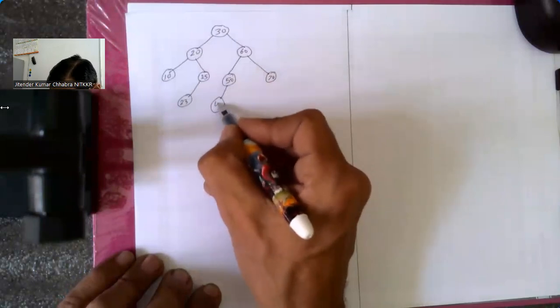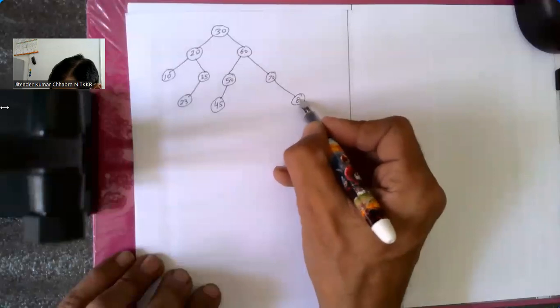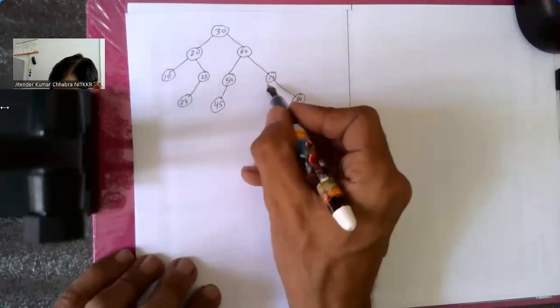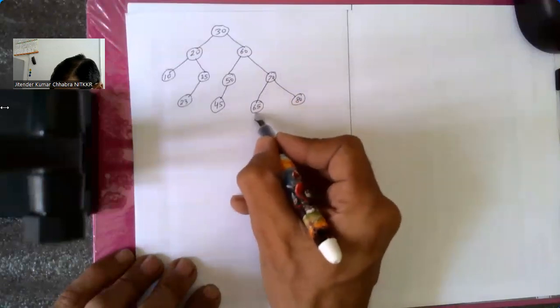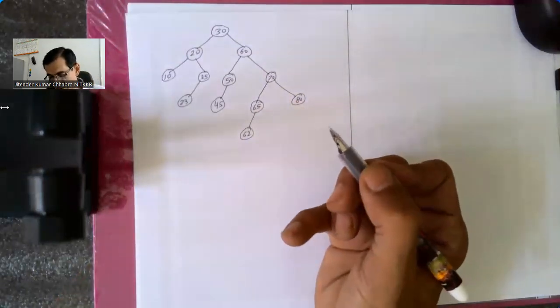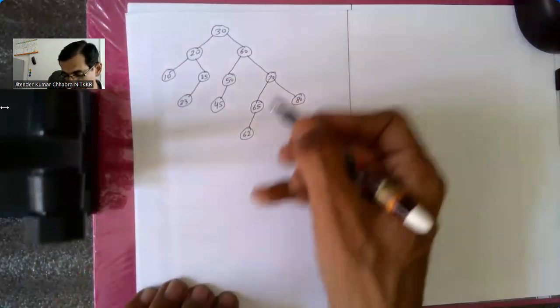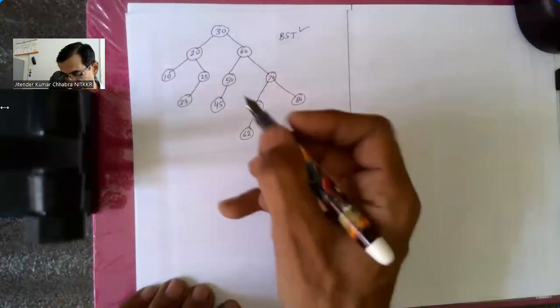This side I can have 45. This side I can have 80. And anywhere, for example, here I can have 65. Here I might have 62. So all this is a valid BST. Now, this is satisfying all properties at every time.